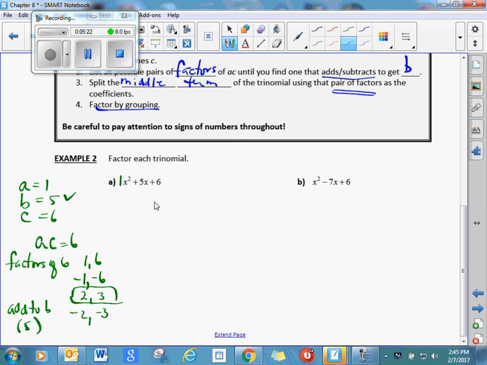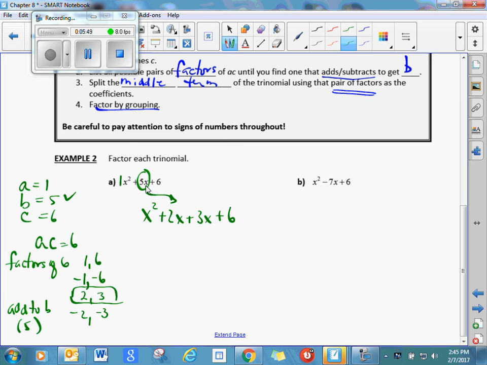So we are going to take this middle term right here, and instead of writing it as 5x, we're going to split it up into 2x plus 3x. So we now have x squared plus 2x plus 3x plus 6. All I did was rewrite this as 2x plus 3x. And of course, when you add 2x plus 3x, you get 5x.